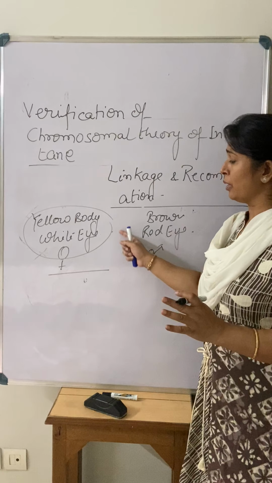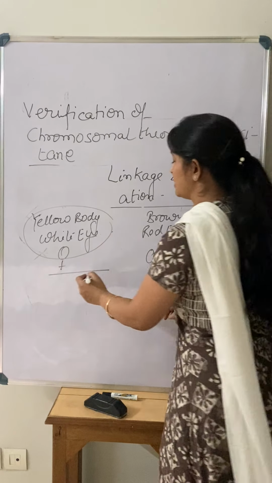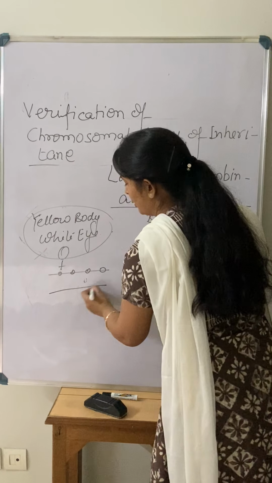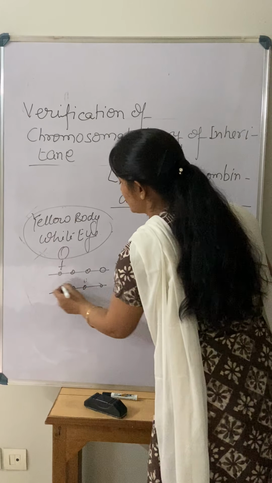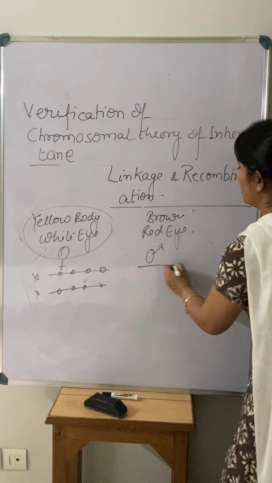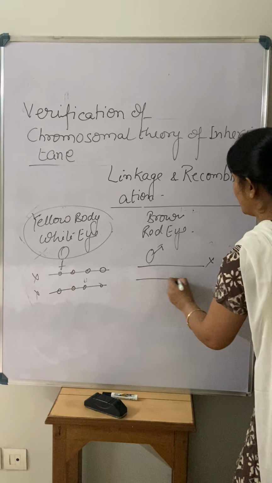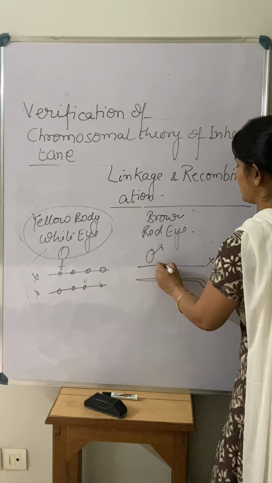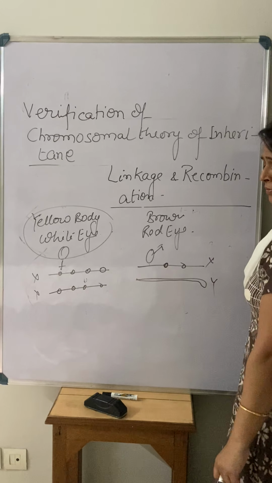This is the X chromosome of the female. Now if we talk about the male, this is the X chromosome and this, a little bit different, is the Y chromosome, and the related genes are present over here, right?